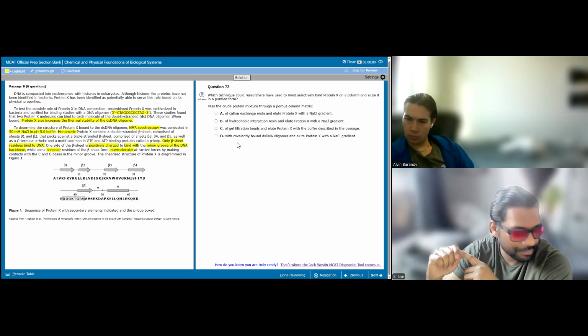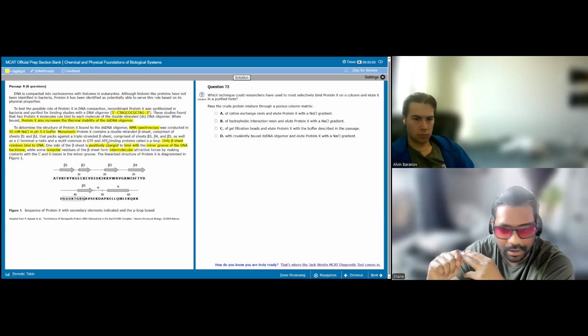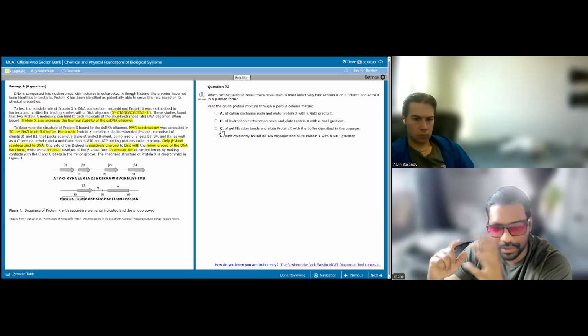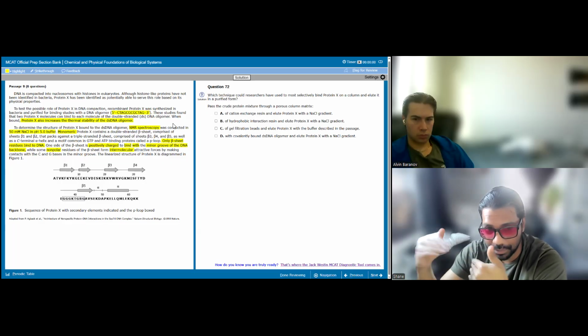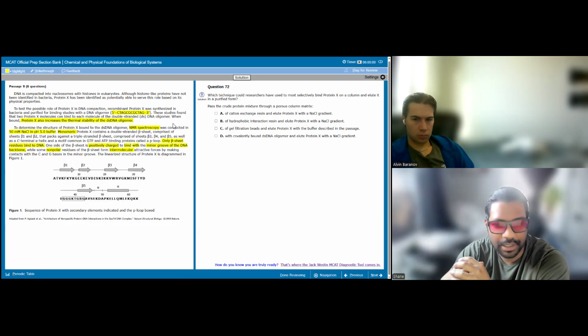So that would be affinity chromatography with the double-stranded DNA oligomer as the stationary phase.